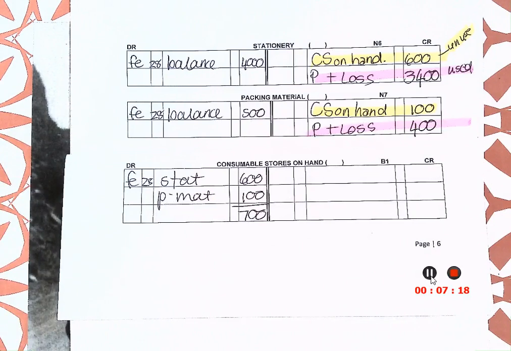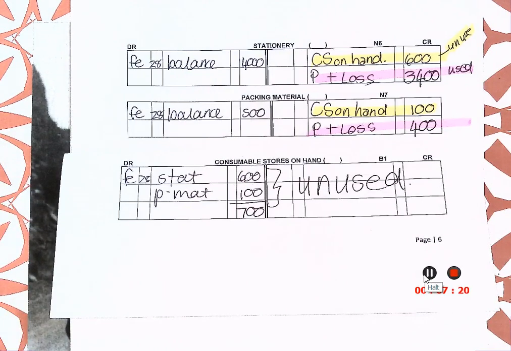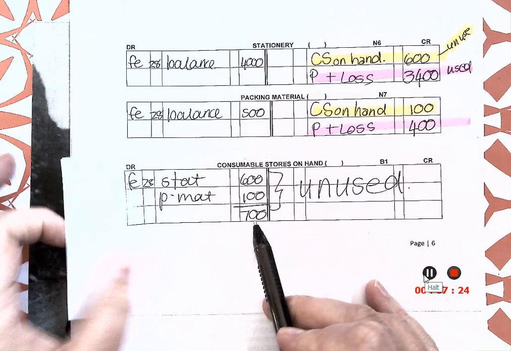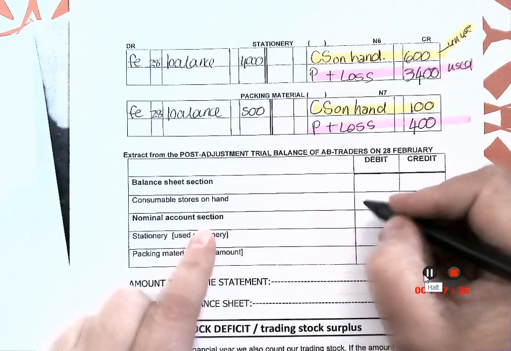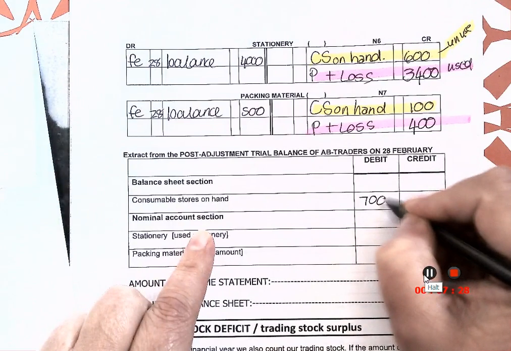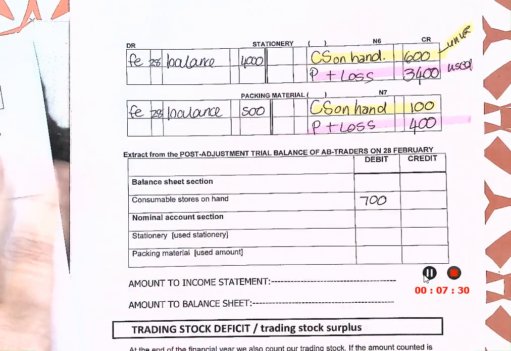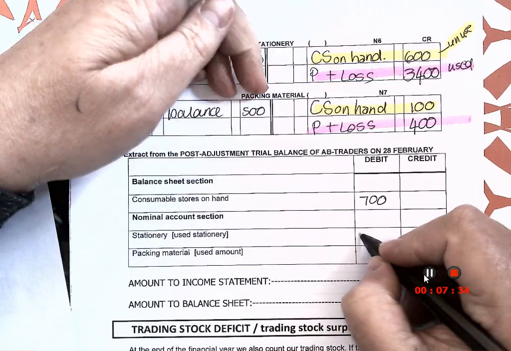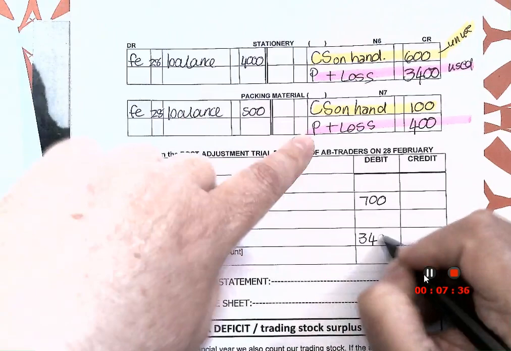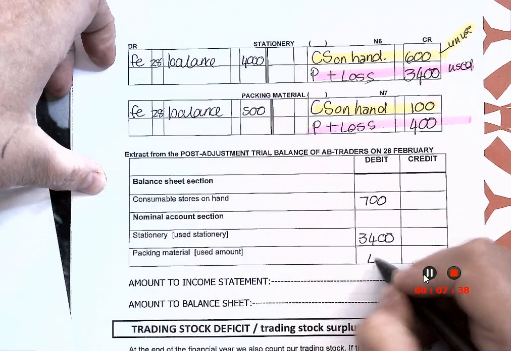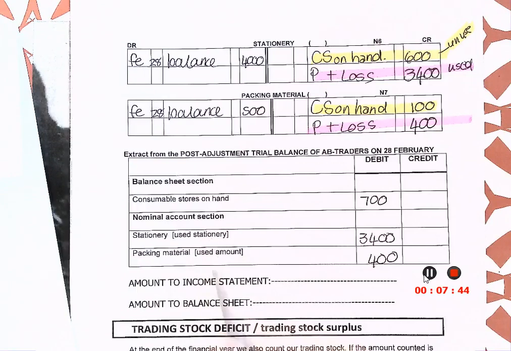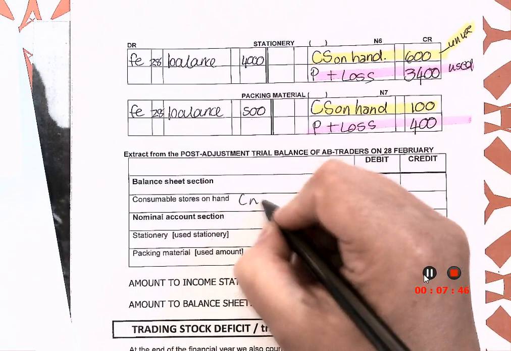Yes. Okay. So now when I do the trial balance, my consumables on hand is 700. My stationery will be what I used, ne? The 3,400, and the packing material, the 400. Can you see it's the used ones? This would be the not used.